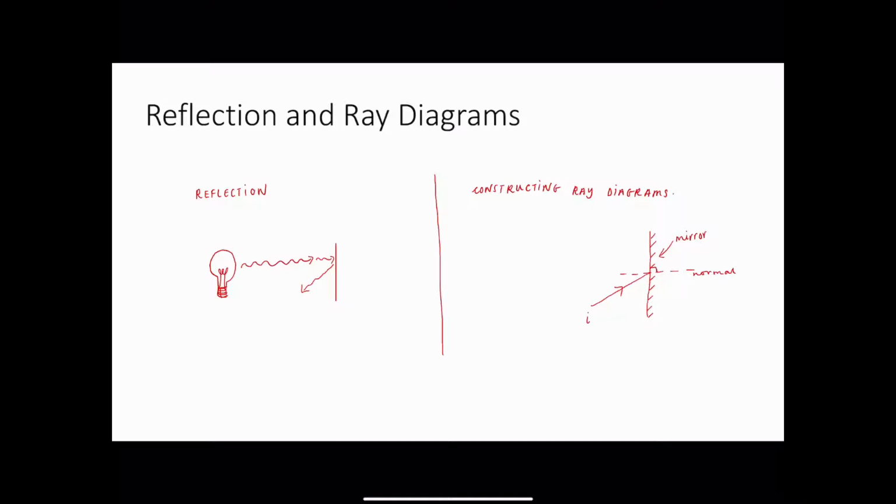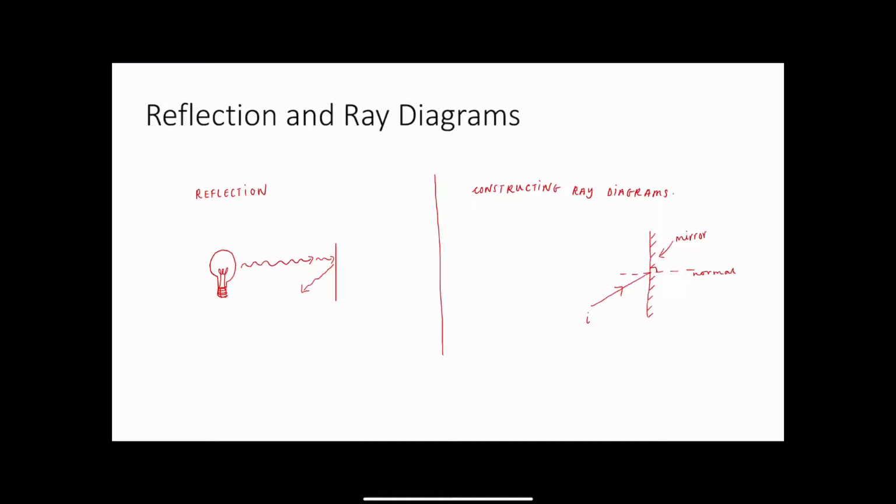Now that's a really important line, because that is where you would measure any angle that you are taking from either the incident ray or the reflected ray. And that's going to become really important when we have a look in our next slide at the laws of reflection.